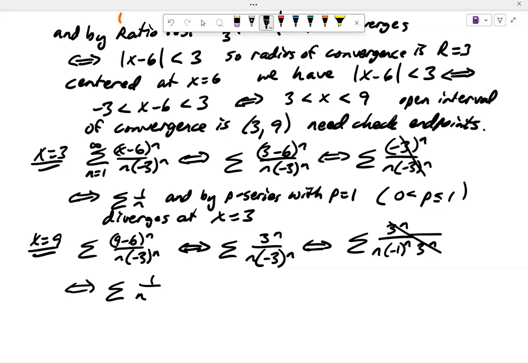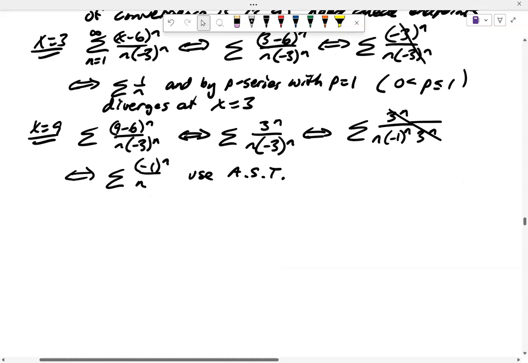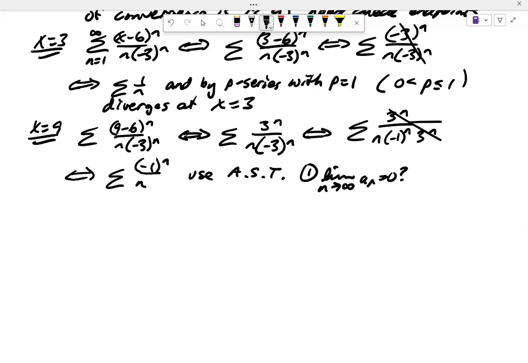Negative 1 to the n's always. I'm sorry, I've got alternating. Let me take that up top. All right, so I got to use my alternating series test here. So use alternating series test. So number 1 is the non-alternating part. 0.